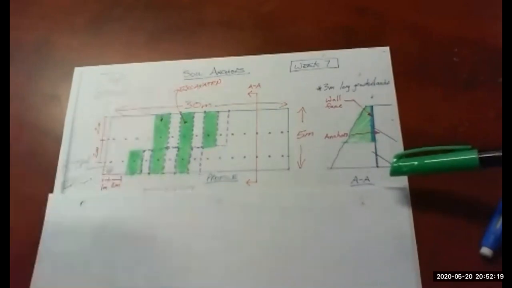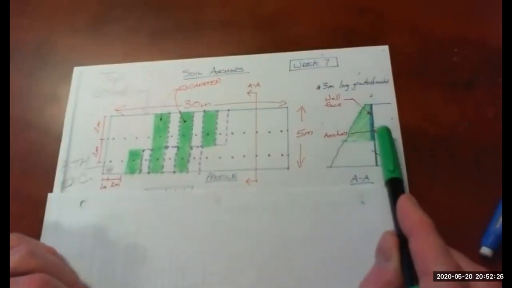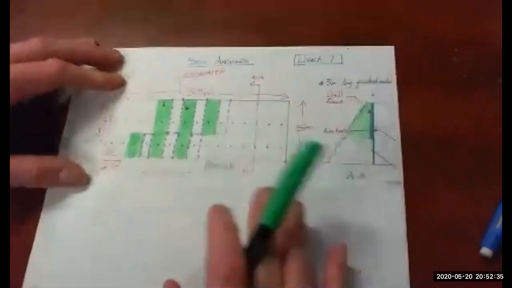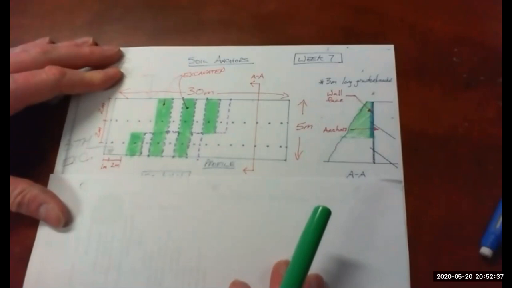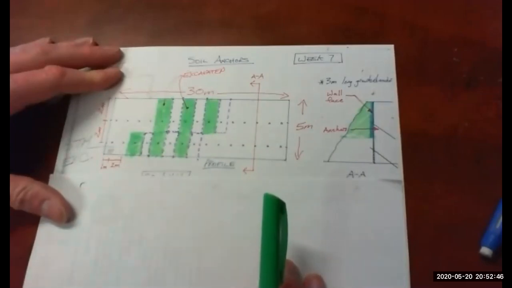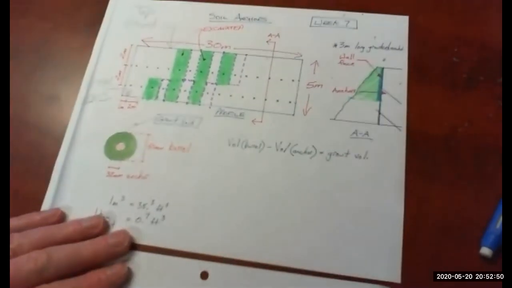So, 10, 15 meters deep, possibly deeper depending on the ground and the spacing of your anchors, right? The length of your anchors, that type of thing. Any questions so far on what I've shown here? No? Okay. So I'll show the rest of the page.